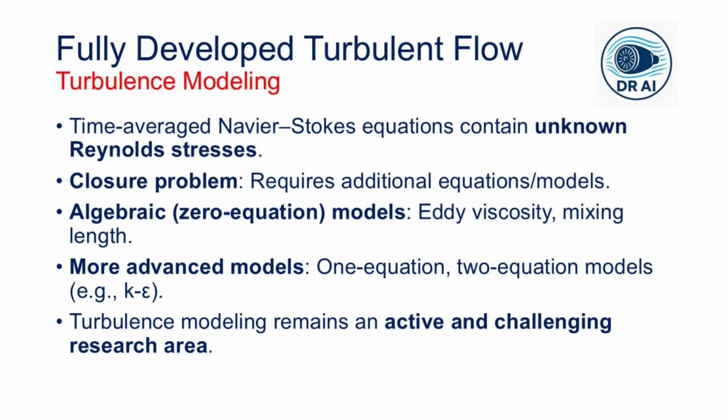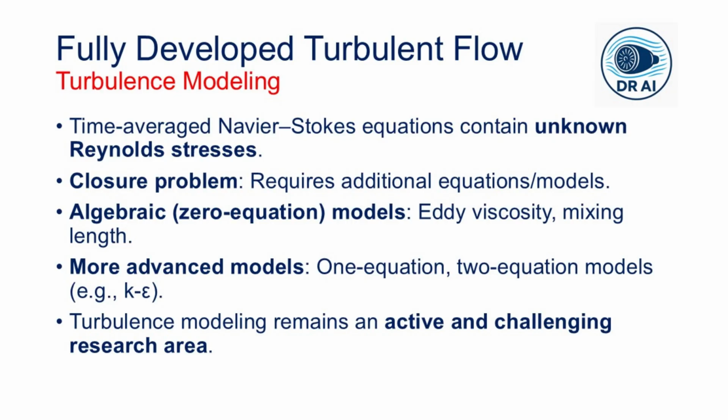This is where turbulence modeling comes in. We go back to the governing Navier-Stokes equations and time average them. But as the text explains, the process introduces new unknowns, the Reynolds stresses, so we now have more unknowns than equations. This is the famous closure problem.